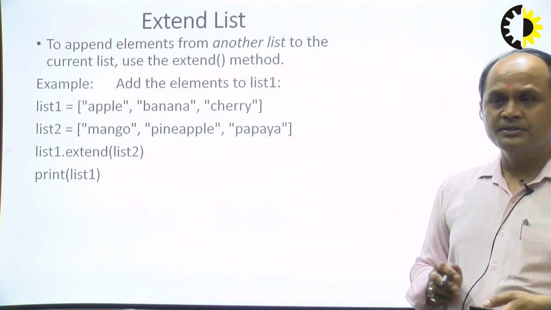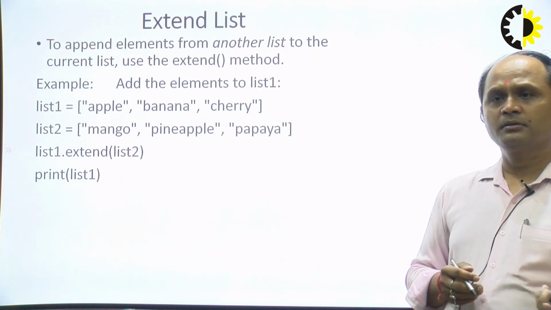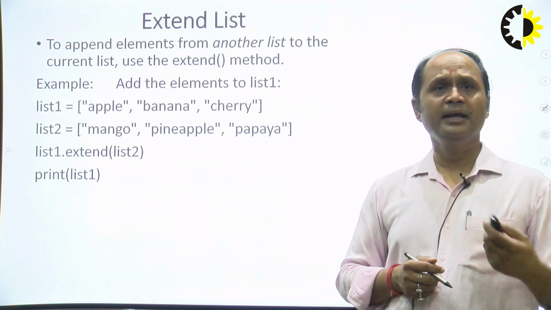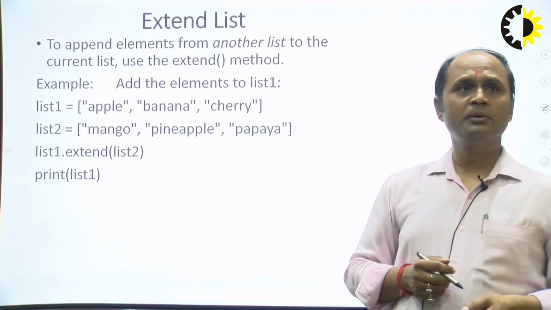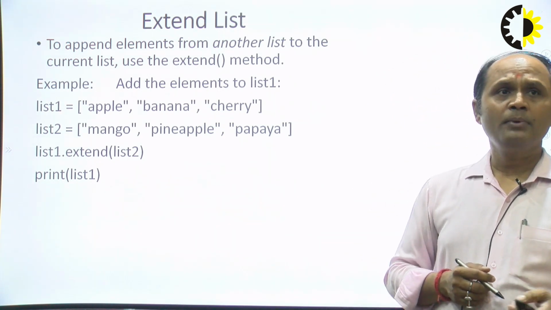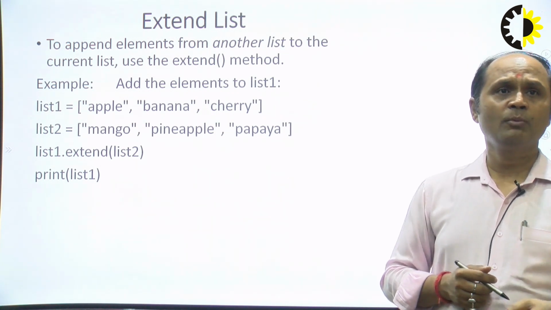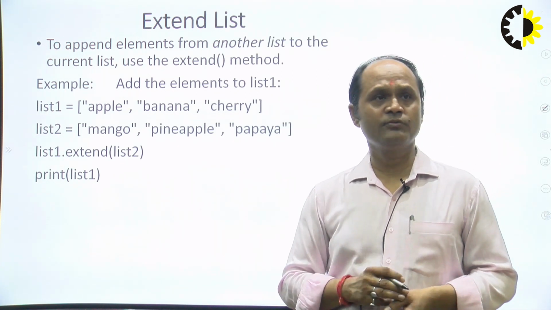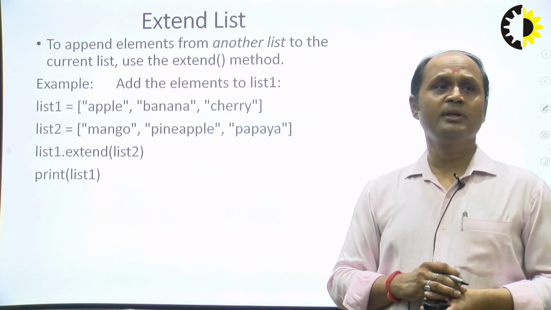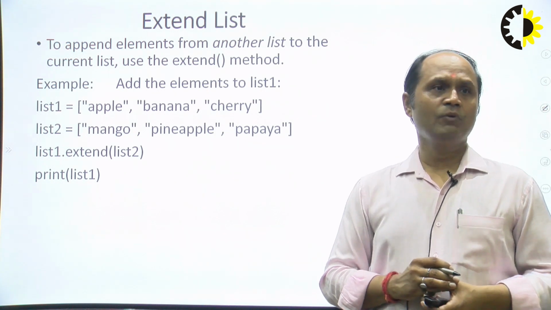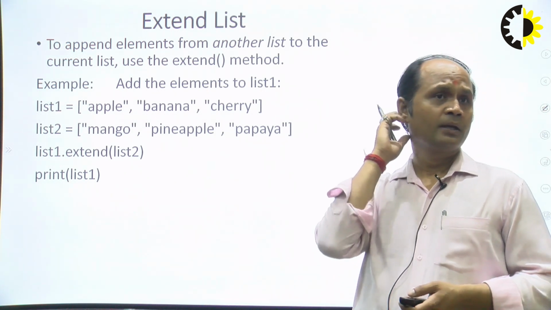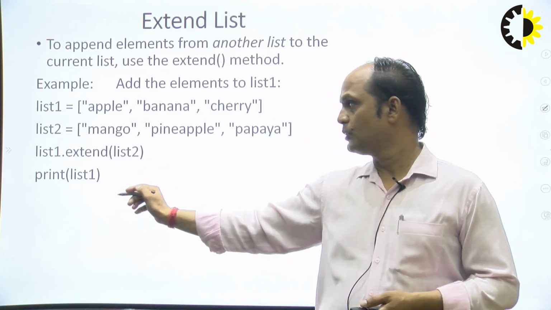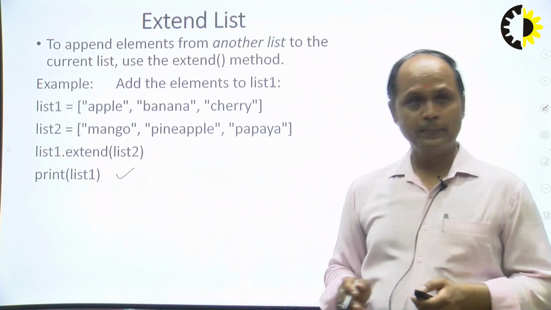What is the purpose of extend? These are the functions that can be used in a particular list: insert, append, extend. To append elements from another list to the current list, use the extend method. Suppose we have list 1 and list 2, and we want to extend by using list1 dot extend list2 and print list 1.